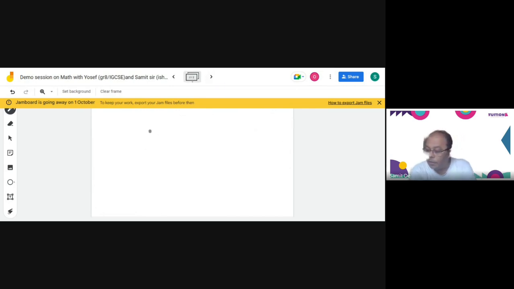I'm writing the expression to factor. So just tell me if you can do it. a square plus bc plus ab plus ac.